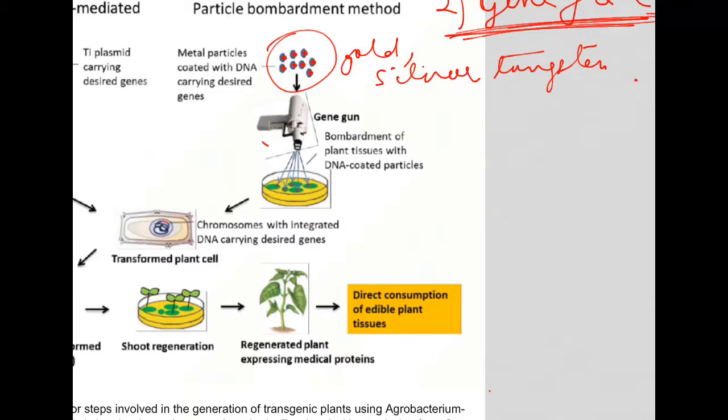This is done with the help of this kind of gun. They are inserted inside this gun, and the DNA molecules coated with heavy metal particles are delivered by crossing the tissue at a certain speed, and the sufficient speed is achieved by high voltage electric discharge, spark discharge, or helium pressure discharge.